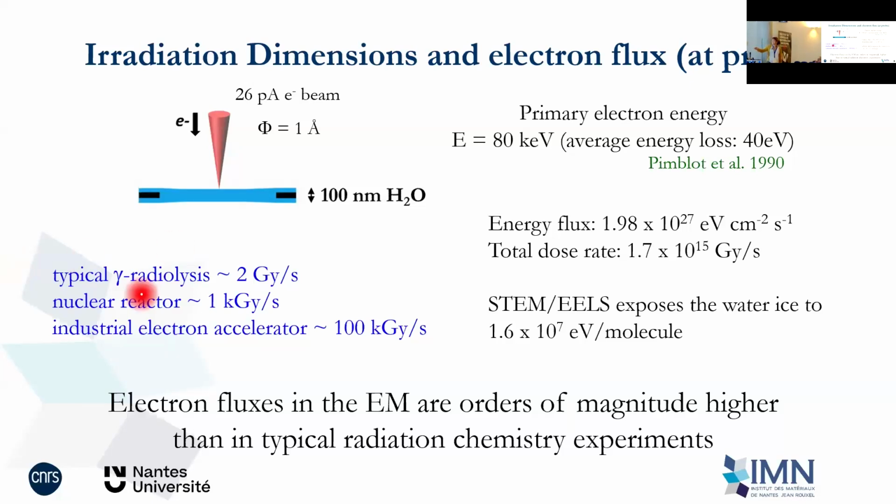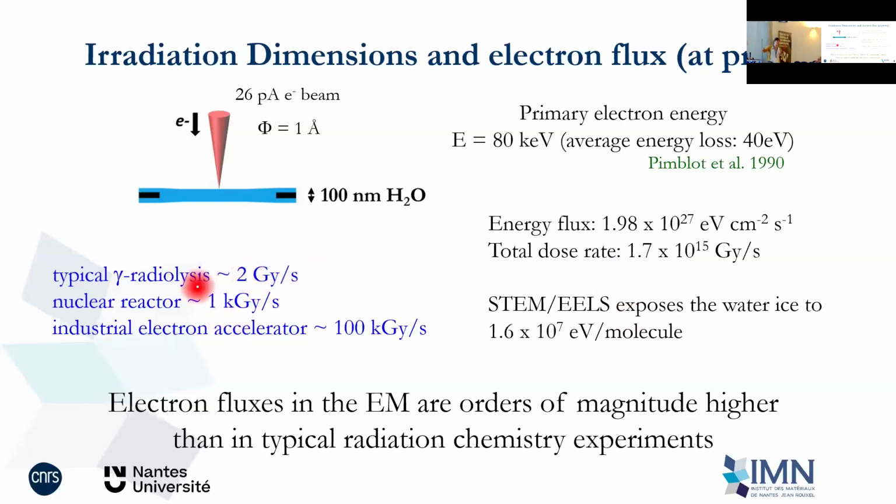Yeah, but well, I did the calculation. So you are exposing the water. Here I did the calculation from our electron flux in the microscope, and then assuming the thickness and so on. So if everything were absorbed, which is not the case because it's a thin film, you would have 10 to the 15 grays per second to do my EELS. The condition that I have for EELS is 10 to the 15 grays per second, while in gamma radiolysis, they use 2 grays per second.